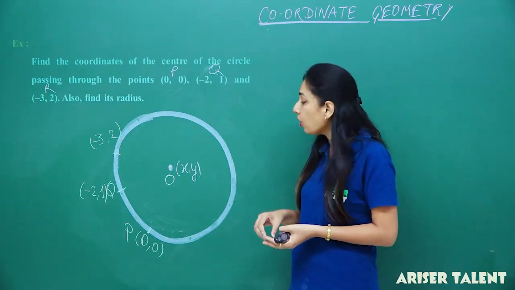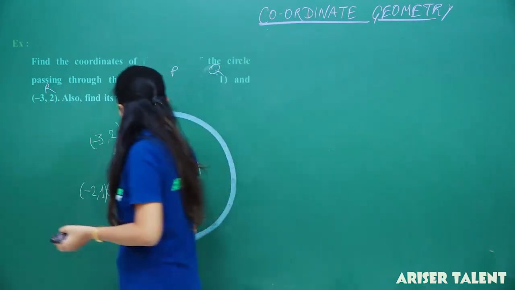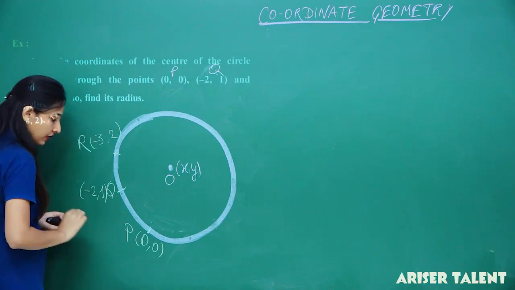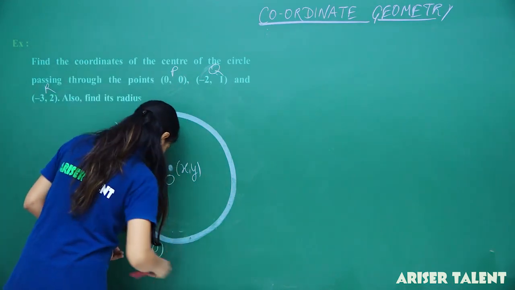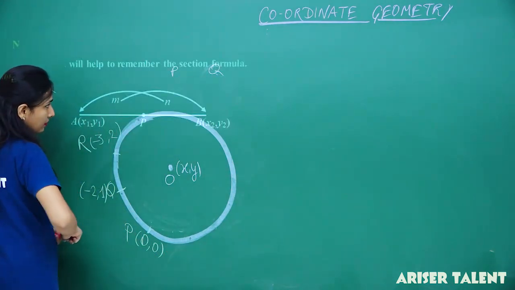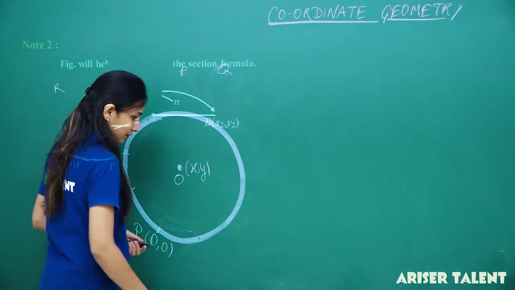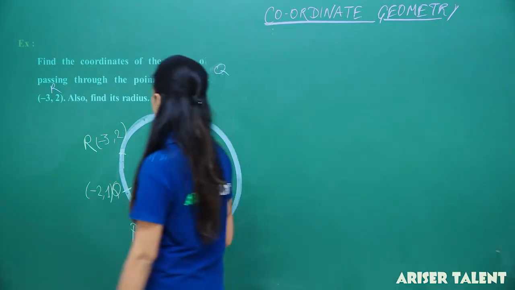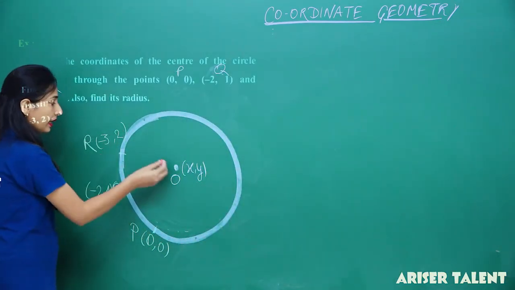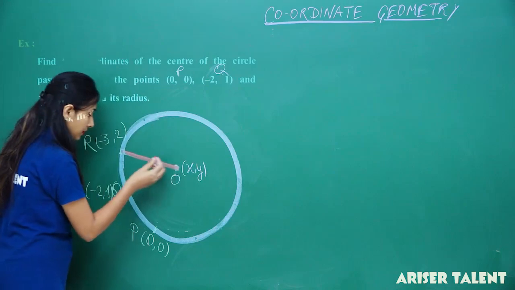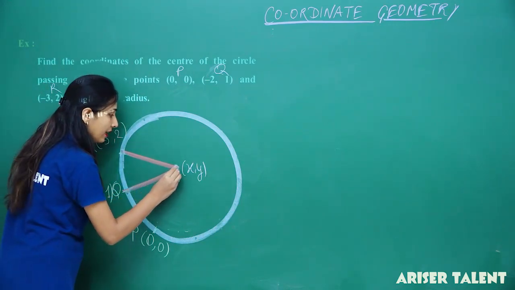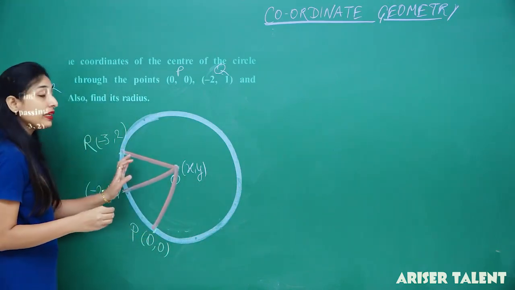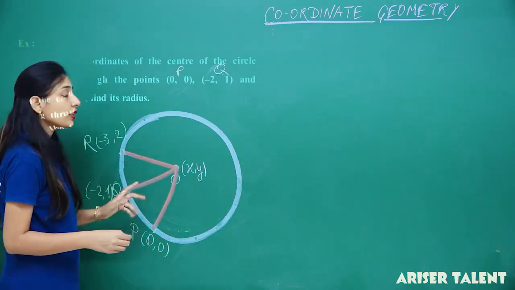We all know this. Now if I draw this line, this is Q and this is R. So if I talk about this R and this O, and I join them, Q and O, and similarly P and O, these three will be the radius.